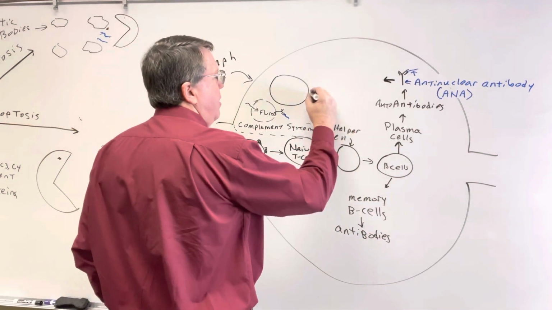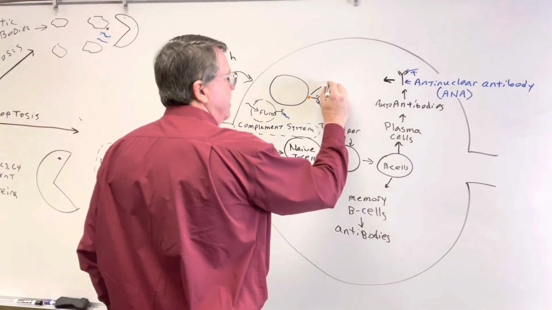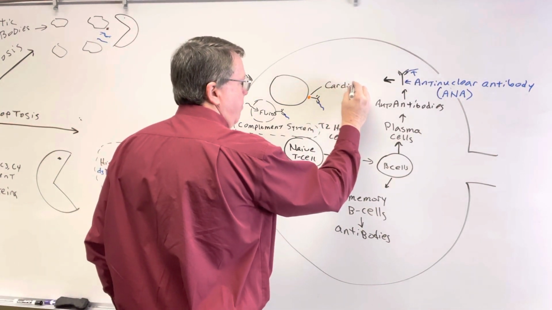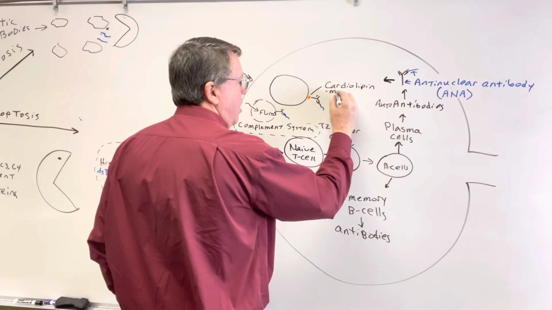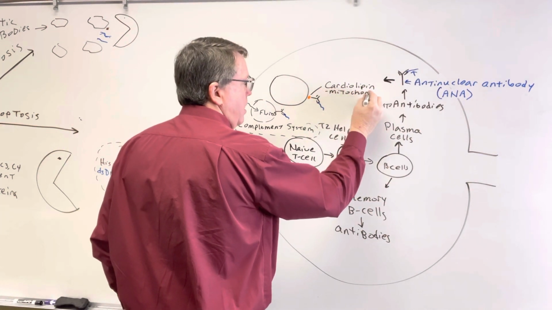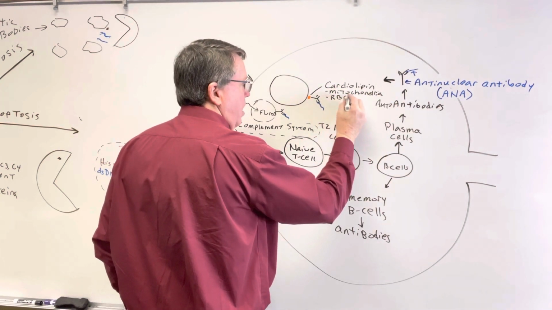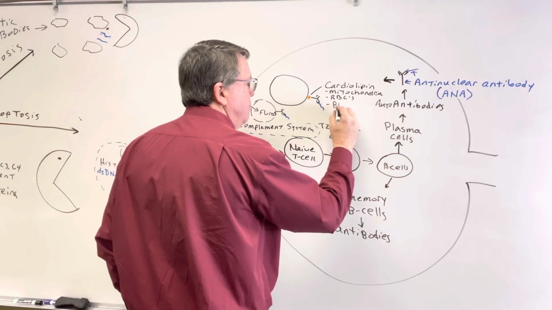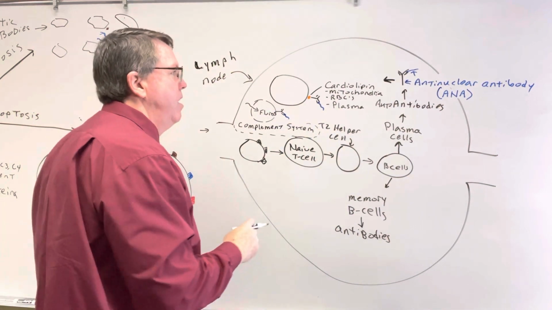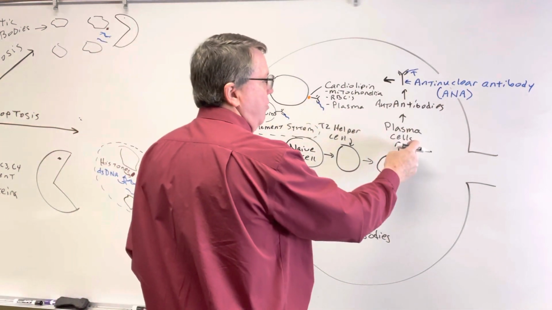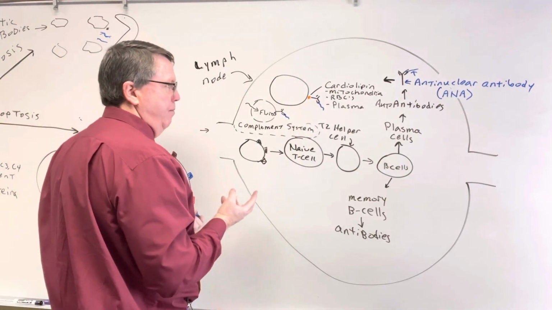It can be on any cell, but it could also attack other types of cell membrane proteins such as cardiolipin, right? Which is usually found on mitochondria. It could be found on red blood cells, or it could be found on plasma cells. And so now what's happened is I basically have my immune system attacking my immune system, right?